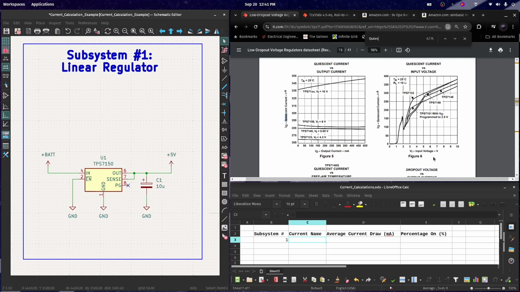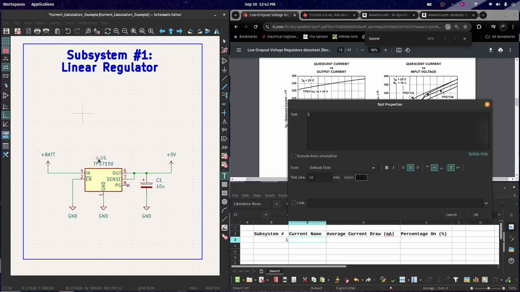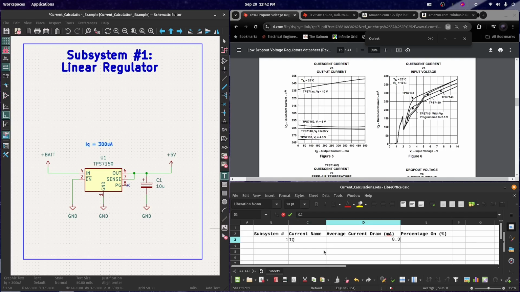In our case, the input voltage will be about 9 volts, so our quiescent current is going to be right around 300 to 350 microamps. So let's log that. IQ equals 300 microamps, that's 0.3 milliamps, and this regulator is always going to be on.